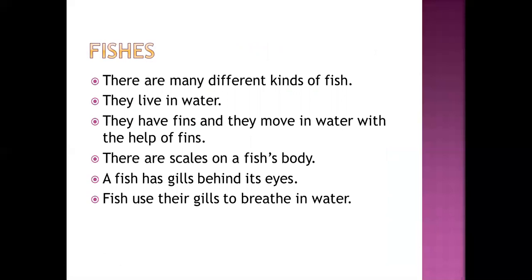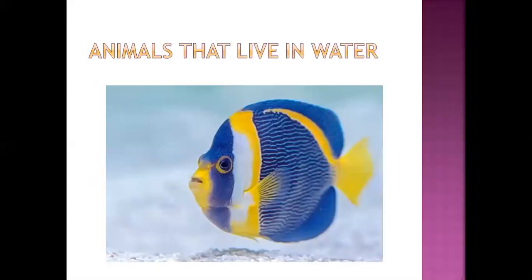Now, fishes live only in water. They have fins and they move in water with the help of fins. So, there are scales on a fish's body. A fish has gills behind its eyes, and fish use their gills to breathe in water.